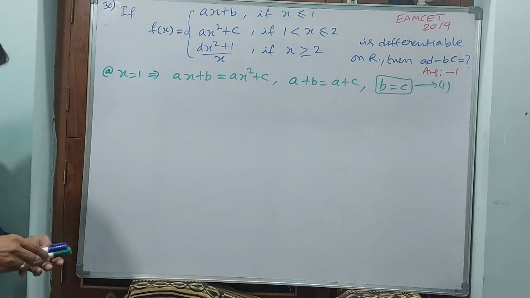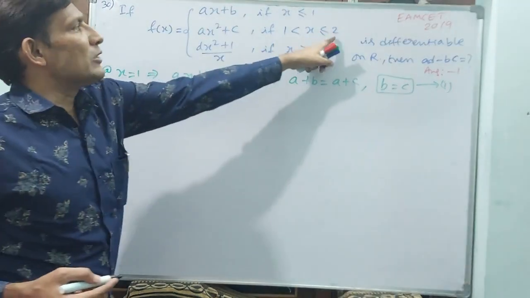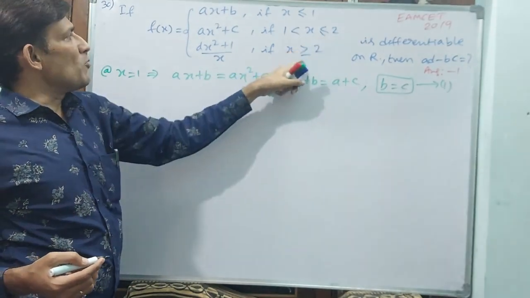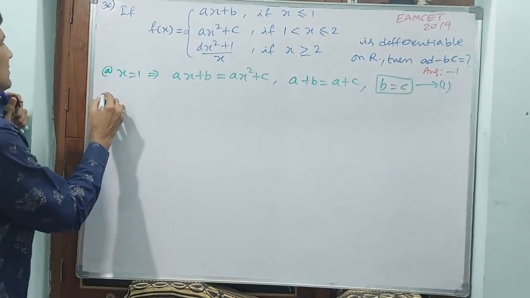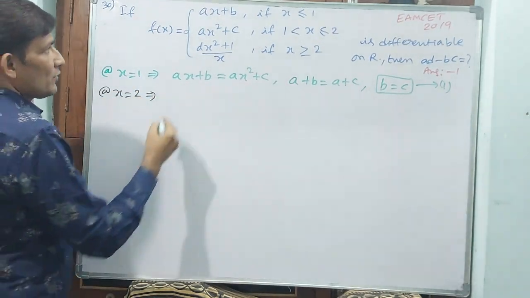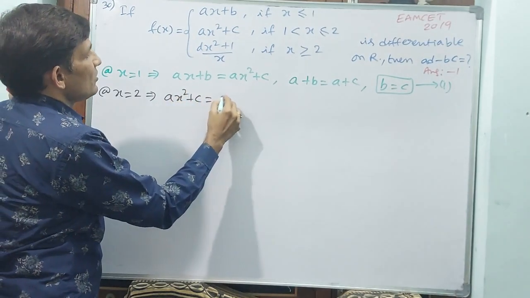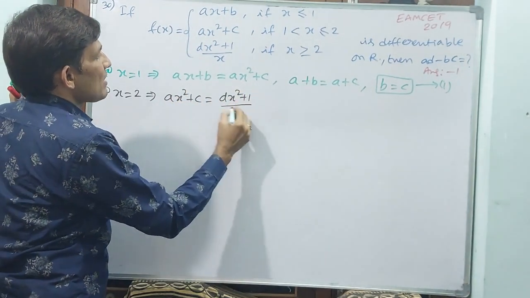Now same at x is equal to 2, 2 minus and 2 plus. Write down. At x is equal to 2, ax square plus c is equal to dx square plus 1 by x.